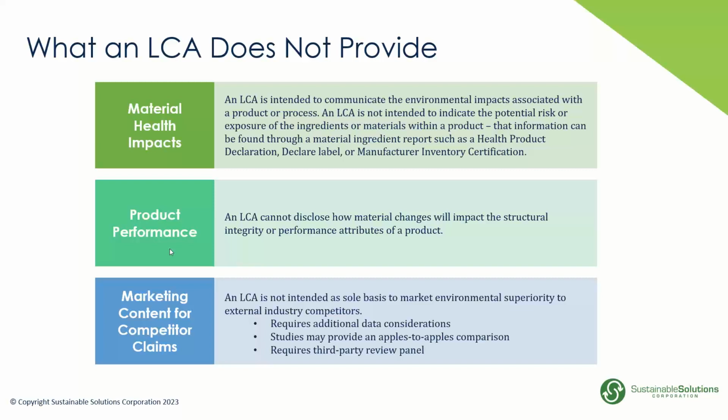Usually an LCA is not looking at product performance either, and cannot disclose how a material change will impact the structure or integrity of a product. And then for marketing content for competitor claims, I want to emphasize this here, an LCA is not intended as the sole basis to market environmental superiority to external industry competitors. So again, it requires that third-party review panel, has to be apples to apples, requires additional data considerations. There's a lot to it.